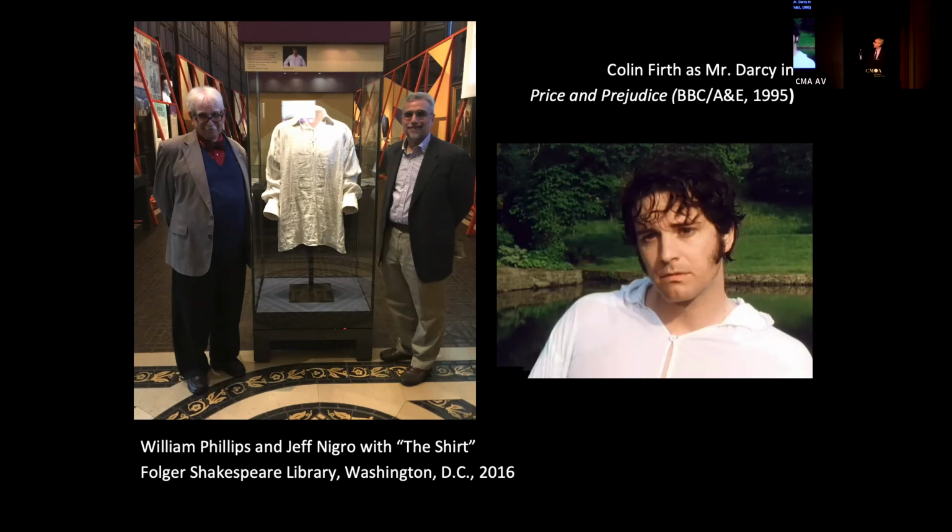This was on display at the Folger Shakespeare Library in Washington, D.C. in 2016 for the Jane Austen Society annual general meeting that year. So we took the liberty of posing with the shirt. And when they installed it, apparently all the young women who worked at the Folger were able to watch them install the shirt, and there are photographs of young women literally prostrating themselves in front of the shirt.